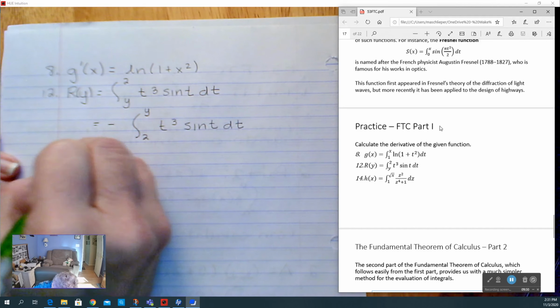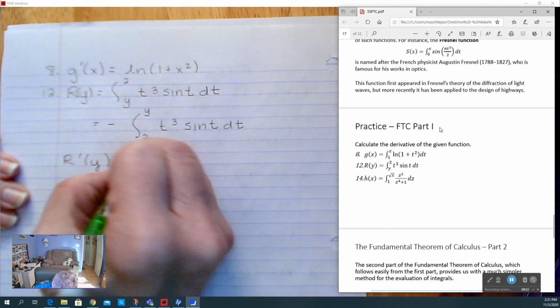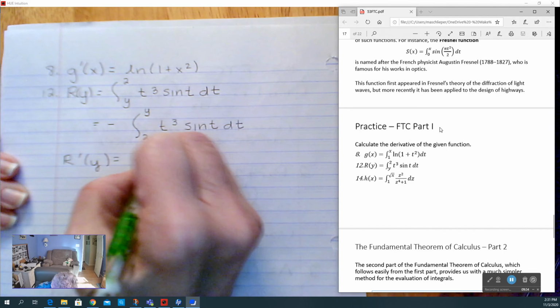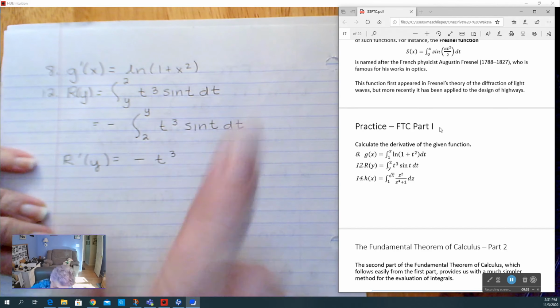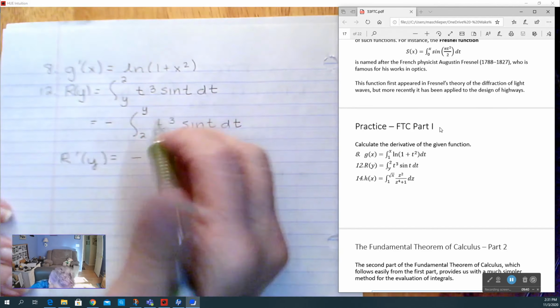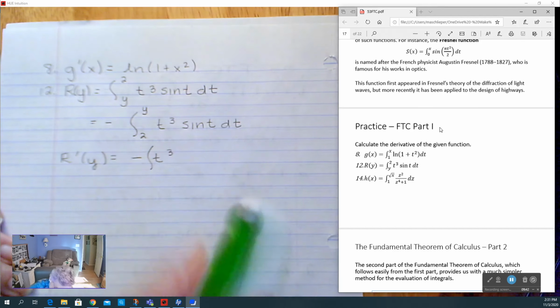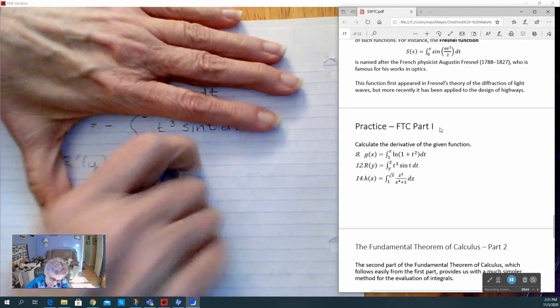So the derivative of r with respect to y is equal to the negative of the derivative of this function.